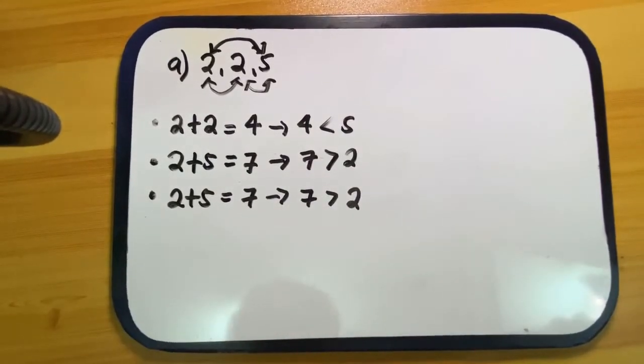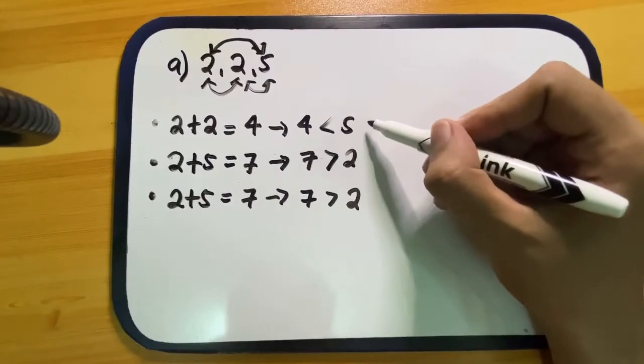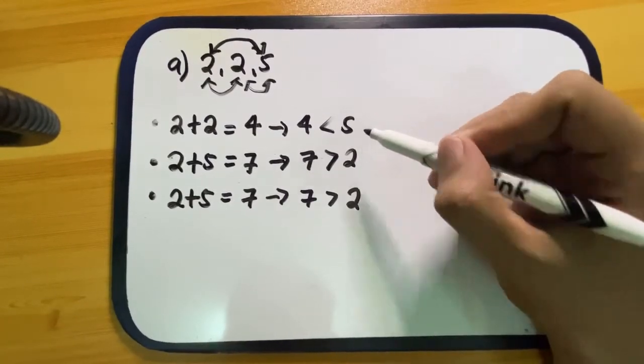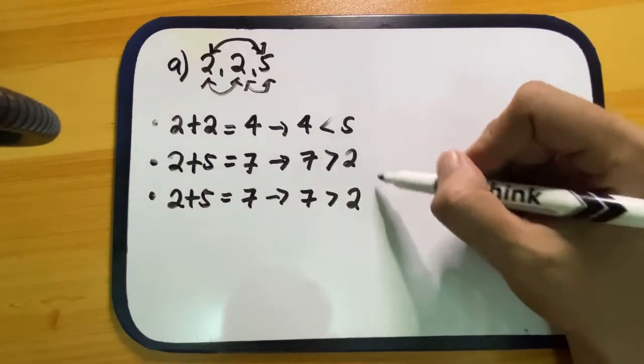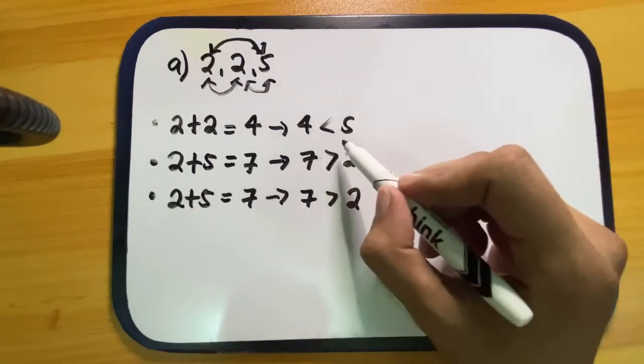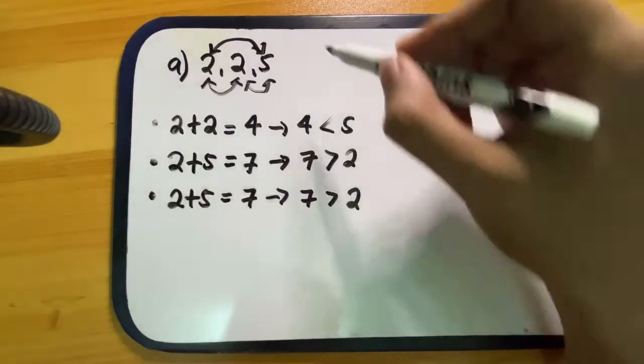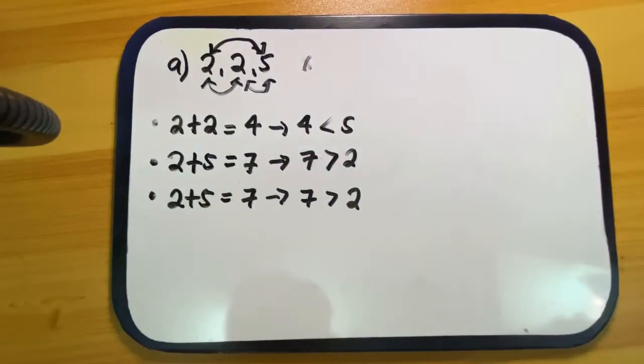If you notice, we have lesser than for the first process. And according to the theorem, the sum of the first two sides should always be greater than the third side. Here we have lesser than, so A is not the correct answer.